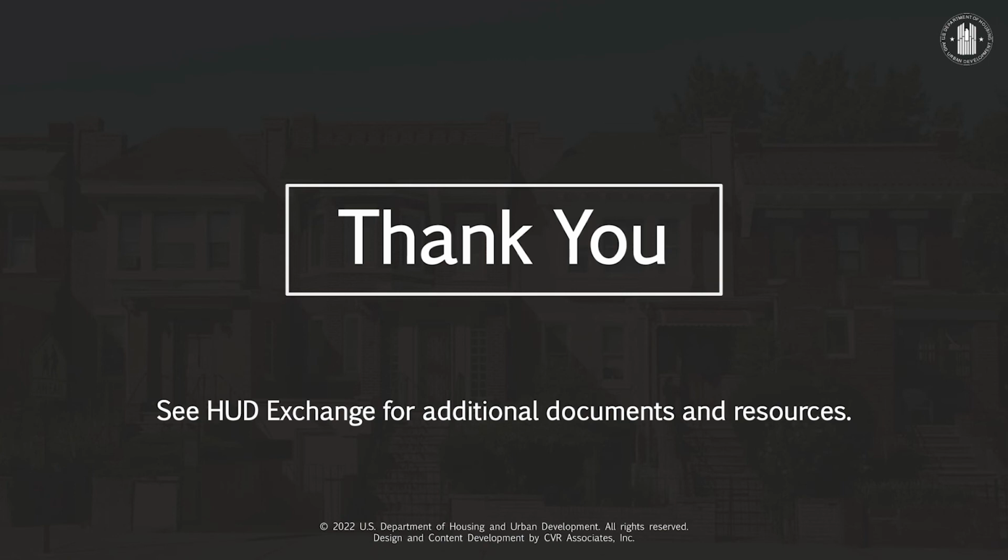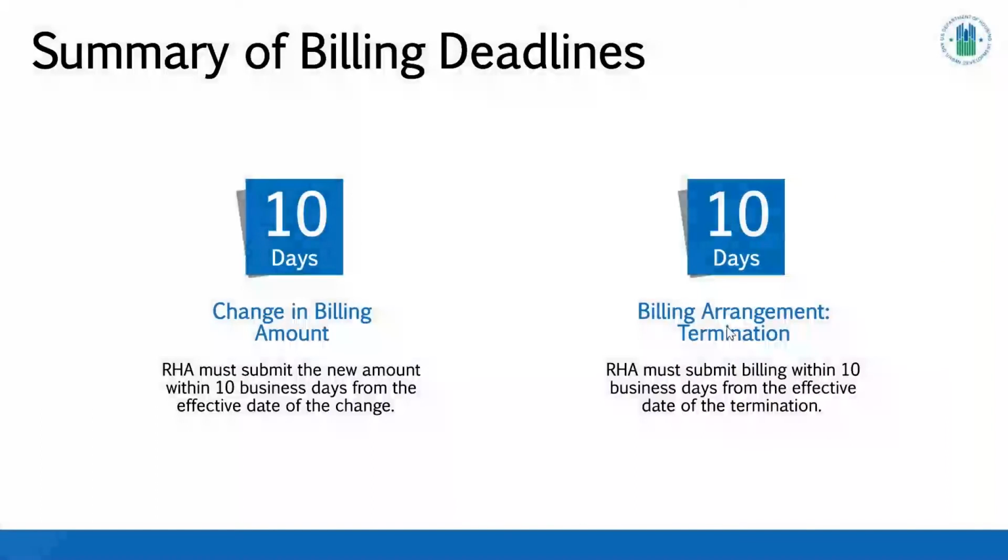Okay. Thank you, Tisa. The next question is, if a portability family transfers within the receiving housing authority's jurisdiction, when is the billing deadline for the transfer? So are you asking about the initial billing?